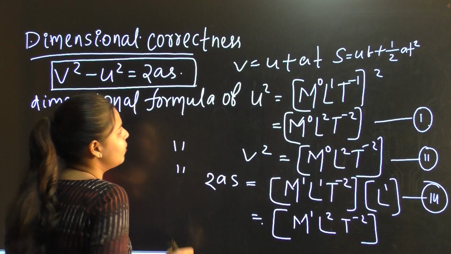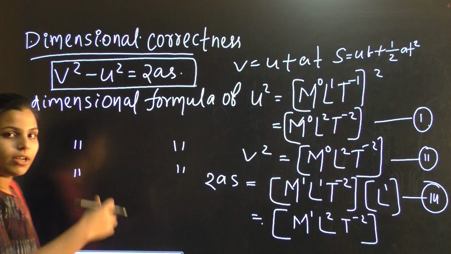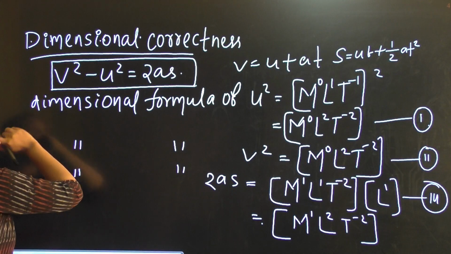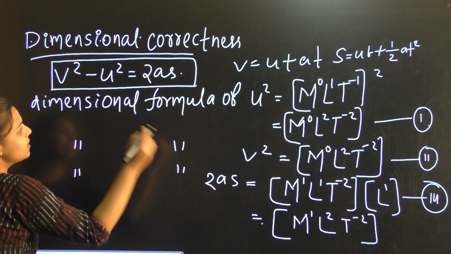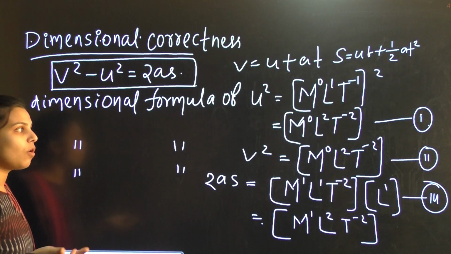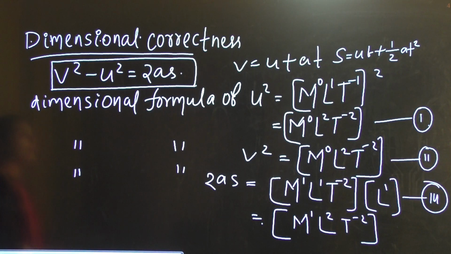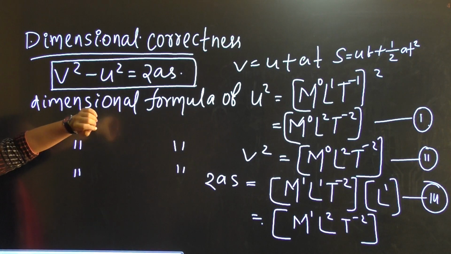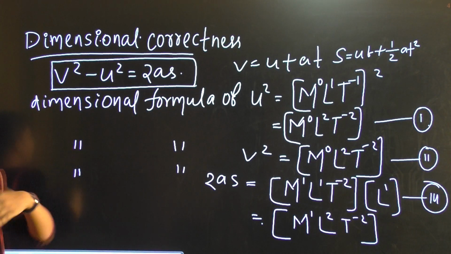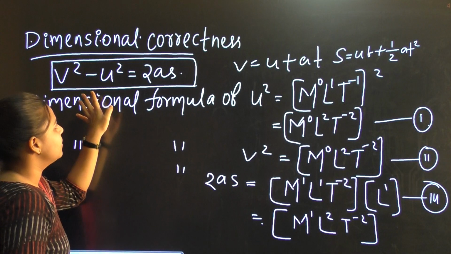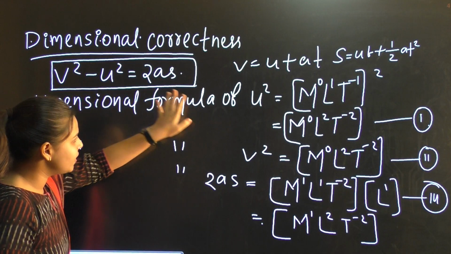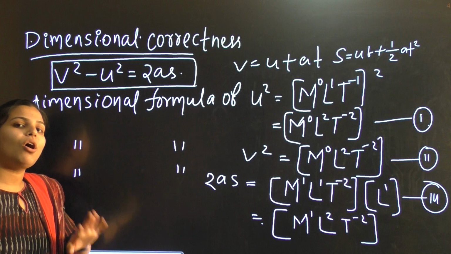So how can we check whether this relation is dimensionally correct or not? First we have to take the dimensional formula of this, then u square, then 2as. Then we have to check that the dimensions of the three quantities will be the same or not.